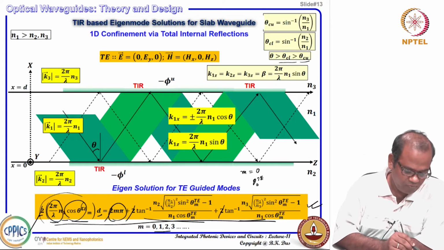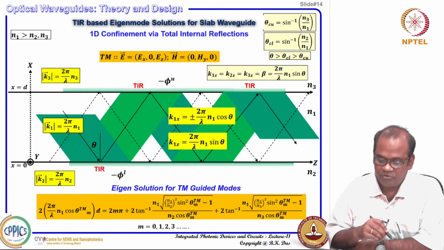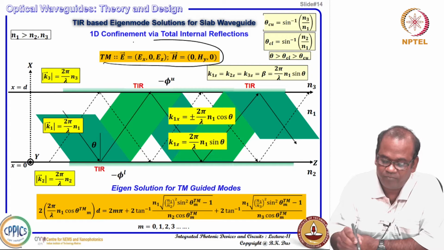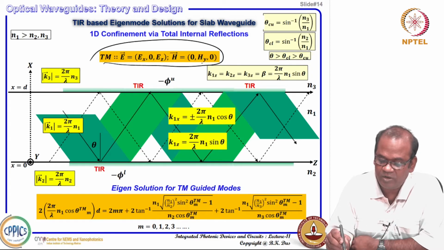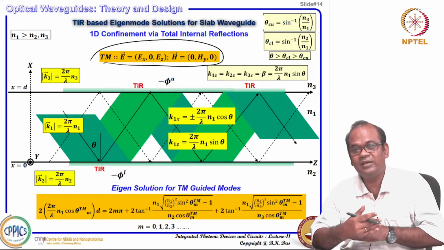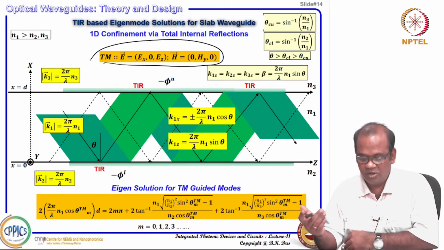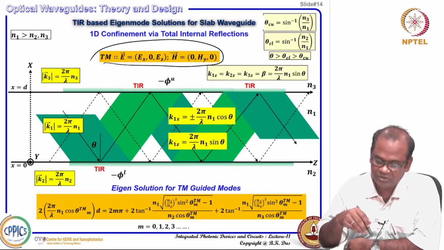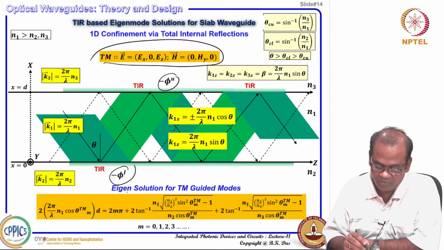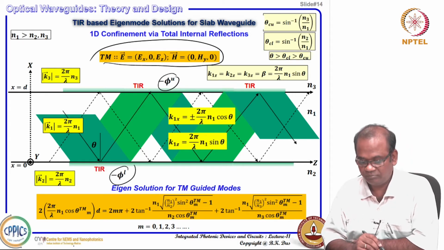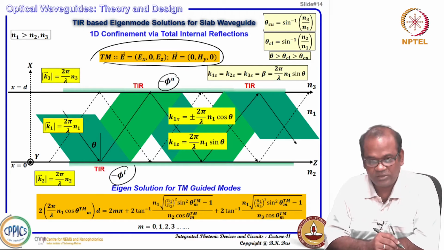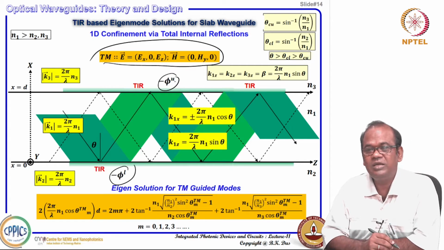Okay. So, now if I try to get it for TM polarization, it is the other way. Your magnetic field has only a y component Hy, but the electric field is in the xz plane. In that case also you can get a similar solution, only thing is that this φl and φu you have to consider for TE and TM. Earlier you used the TE equation, now you have to use it for TM.